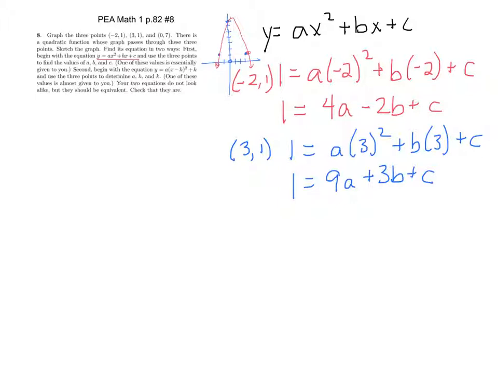The last one is (0, 7). So 7 = a(0)^2 + b(0) + c. Now that simplifies really nicely because 0 squared is 0, times a is 0. That's going to cancel out. 0 times b is 0. Gone.